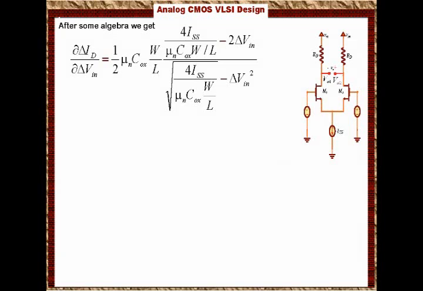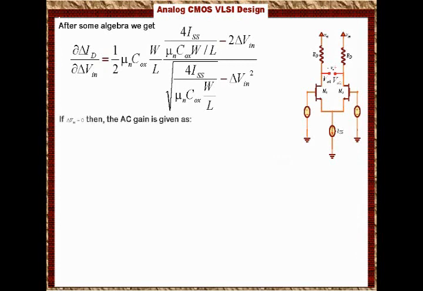Now remember that this is the large signal. Now we're going to have this explicit condition. We are interested in the large signal analysis, but we're going to start with the DC component. So we say that delta Vn DC equals 0.